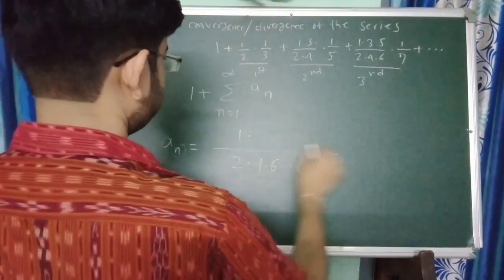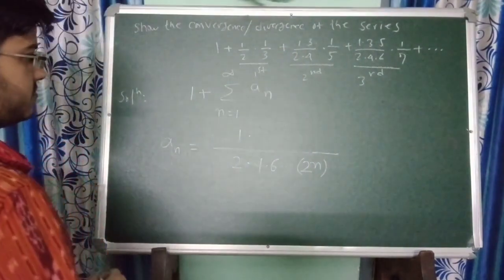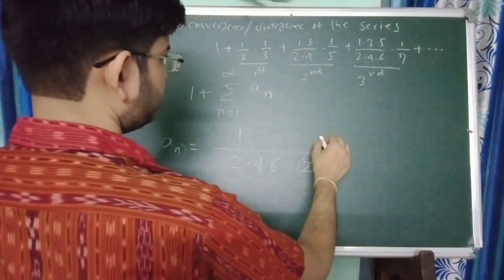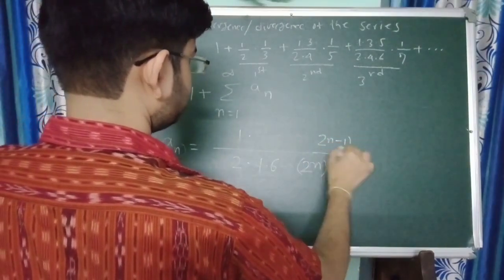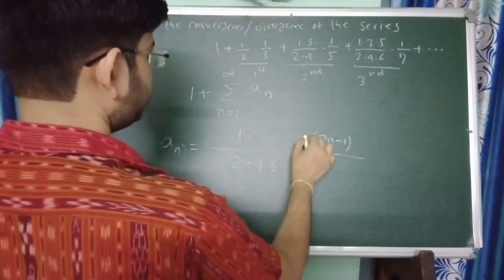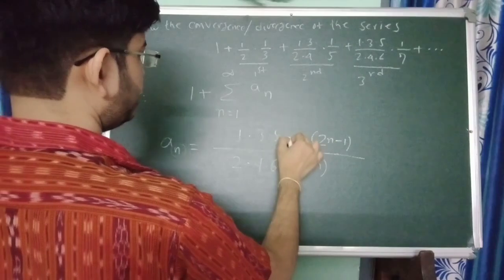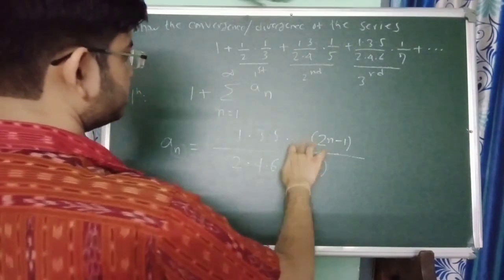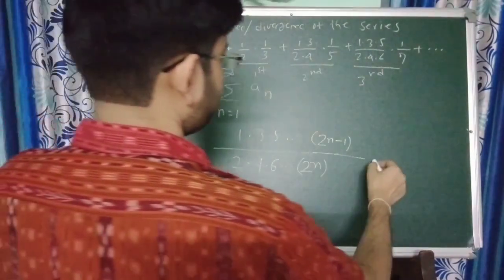So in the general nth term, the numerator also ends at 2n minus 1, and the intermediate numbers are all odd numbers: 1, 3, 5 and so on, ending at 2n minus 1.